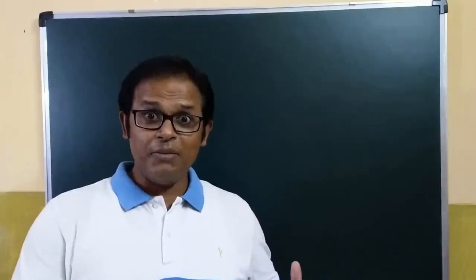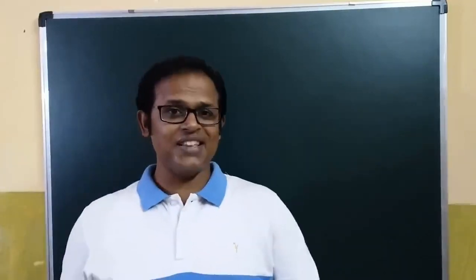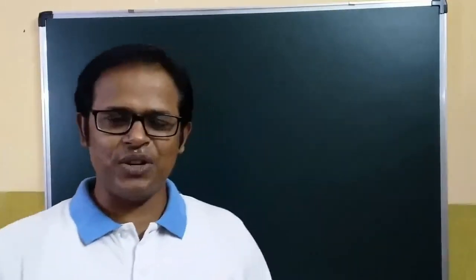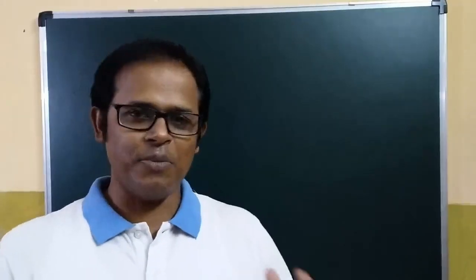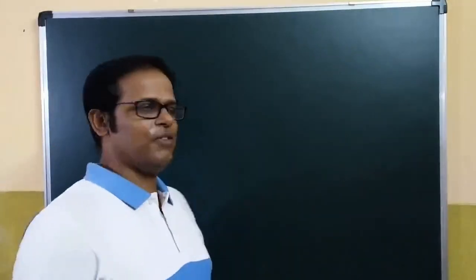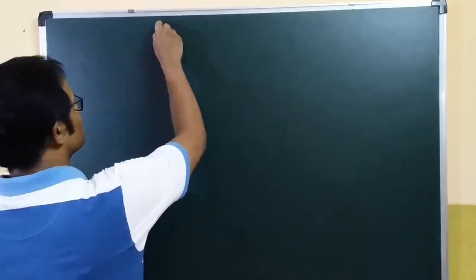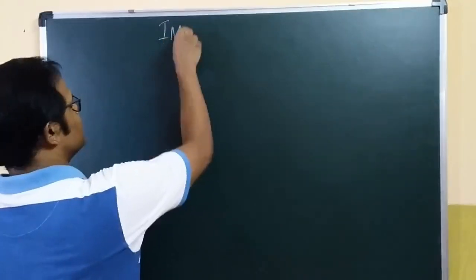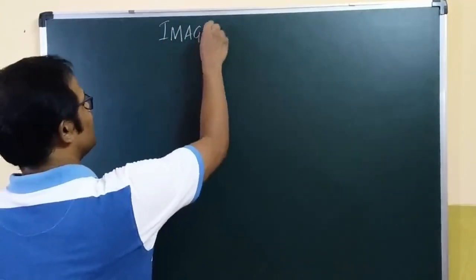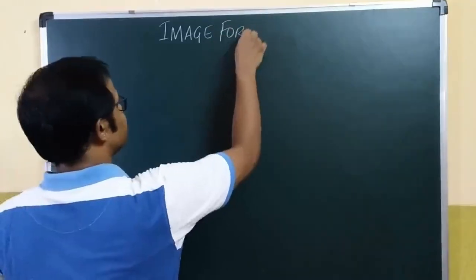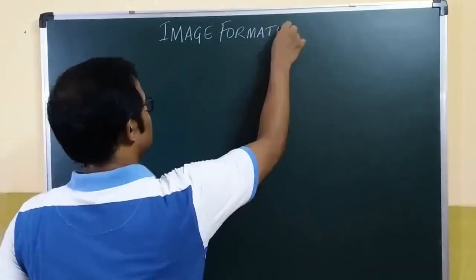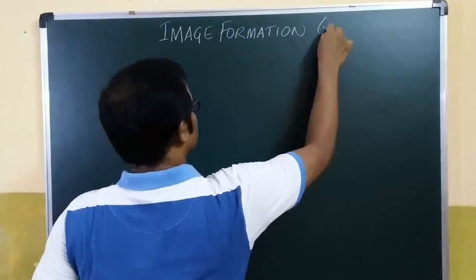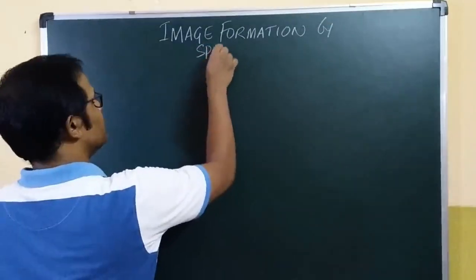They can form real images, they can form virtual images, and what are the basic necessities to understand the formation of images by both the mirrors. Here we go. Today we'll talk about the image formation by spherical mirrors.